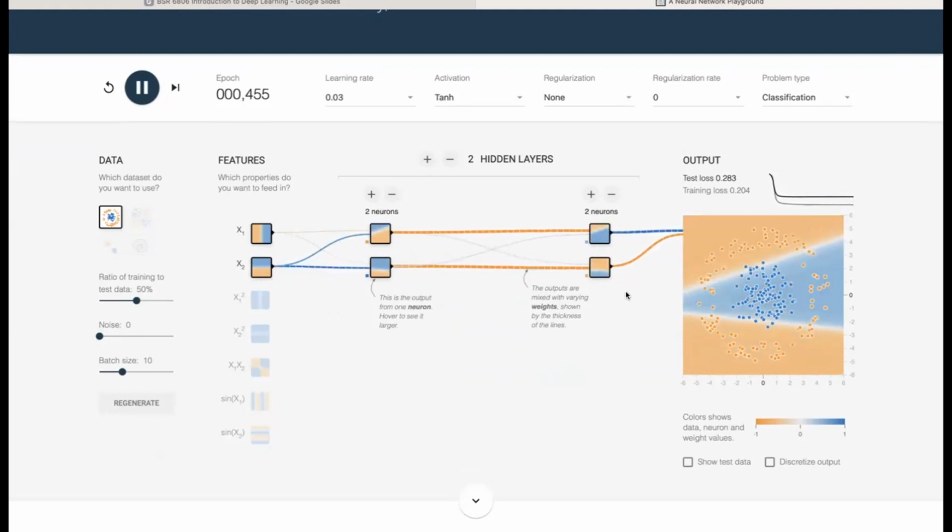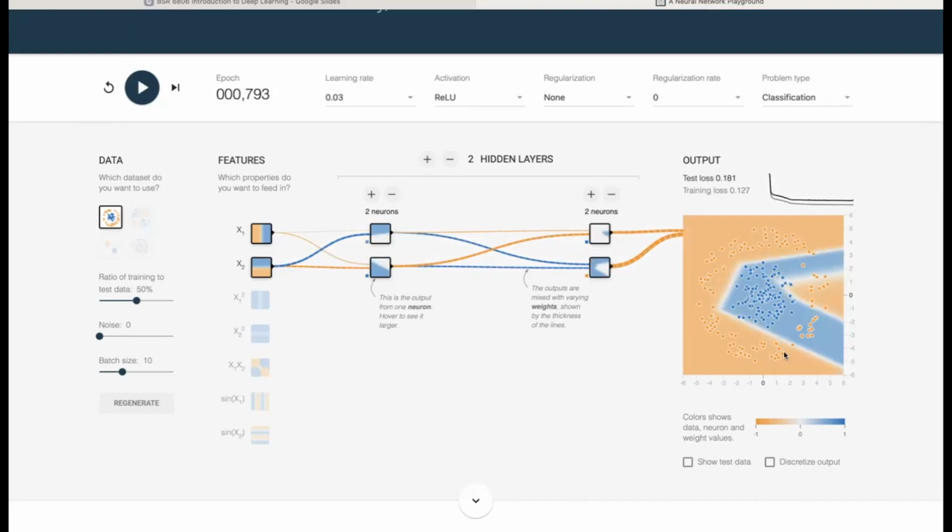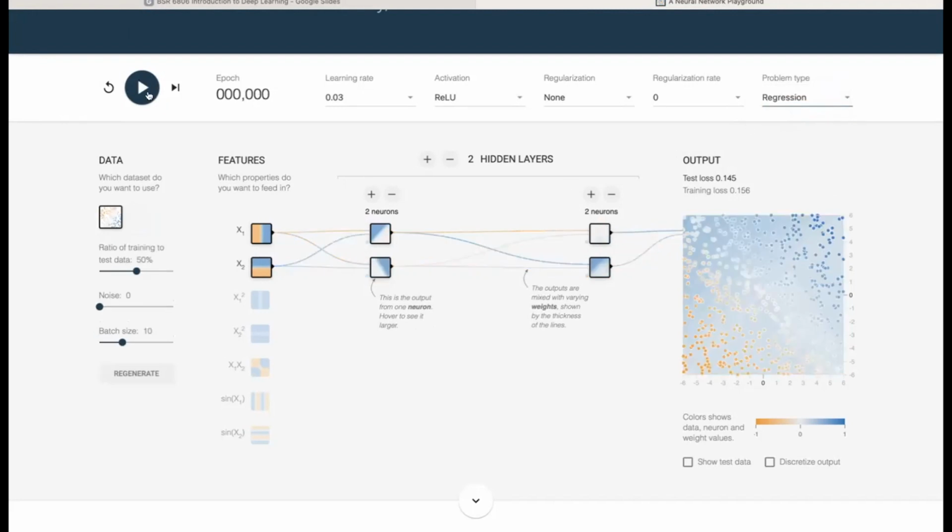It's not as good at learning, and you can also see what happens when you change the activation function. This ReLU is the one that's used a lot in practice, and you can see it has these straight edges a lot more than the sigmoid activation function. And for certain types of data, if we don't have enough neurons, we're unable to learn it. The other thing is, here we have a classification problem, but you can also have a regression problem.